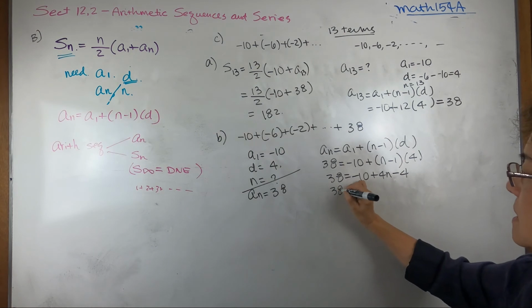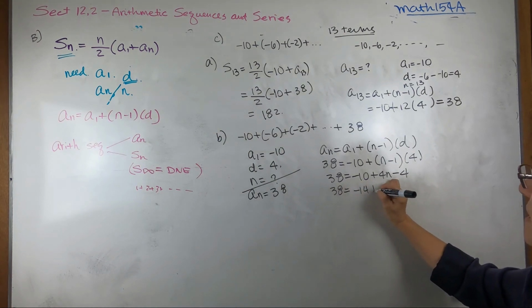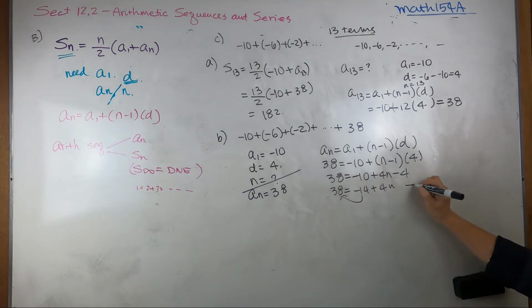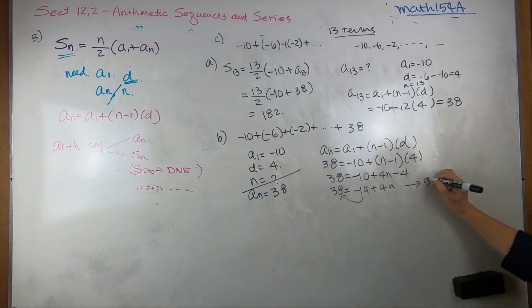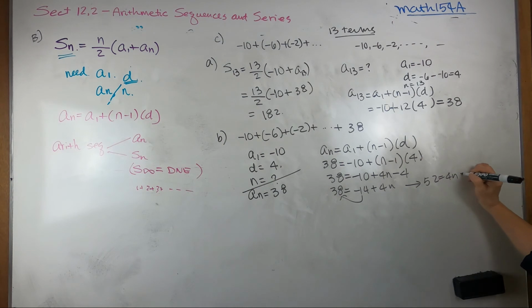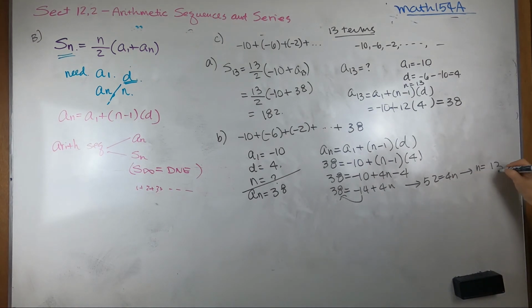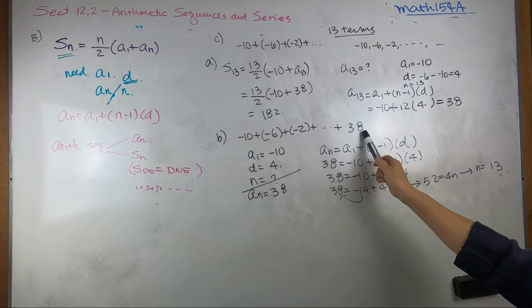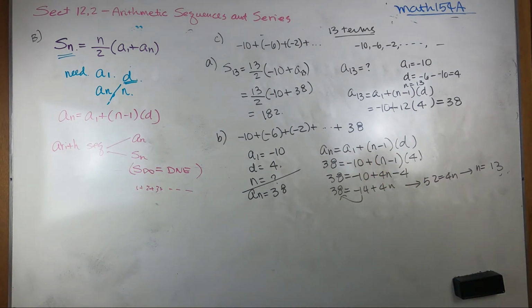Then 38 equals negative 14 plus 4N. So you add 14 on each side. That would be 52 equals 4N. Then N would be what? Divided by 4, 13 terms. You have a total of 13 terms. You end up with 38 there. Okay?